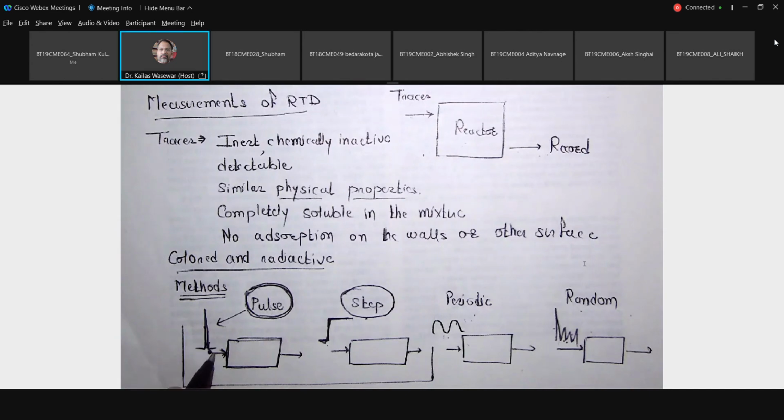In the case of a radioactive element, even a small amount may not dissolve, but because it is radioactive, it is very easily detectable. Radioactive tracers have their own disadvantages, but in more sophisticated residence time distribution and flow measurements, people use them, though preferably non-radioactive ones can be used. So it will be a liquid in most cases.